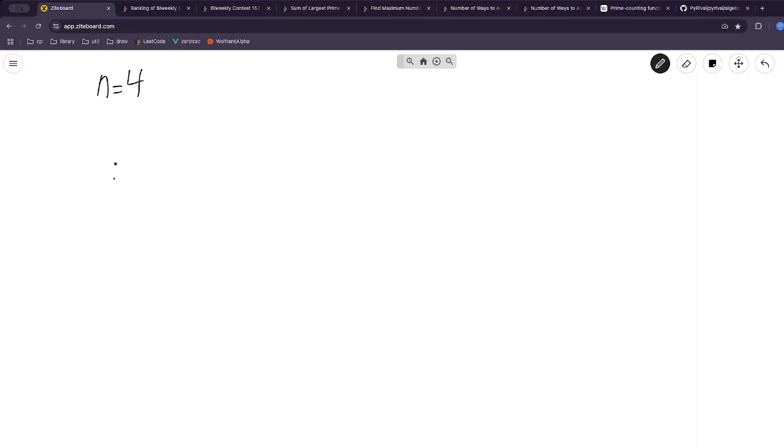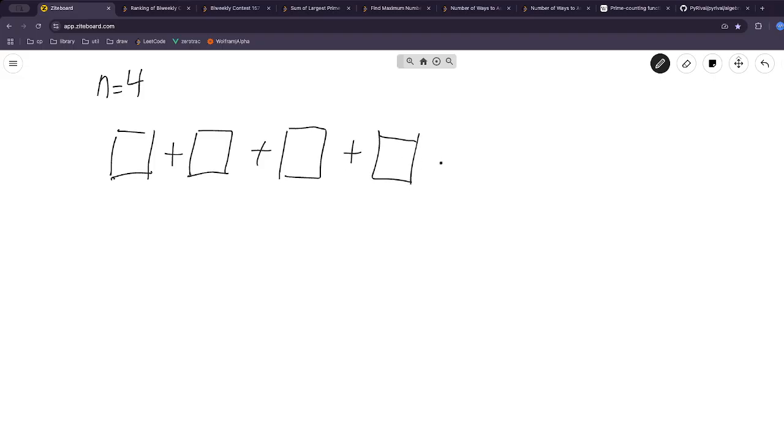And if N is 4, then it means that we want to add 4 numbers. And we want this to be odd.